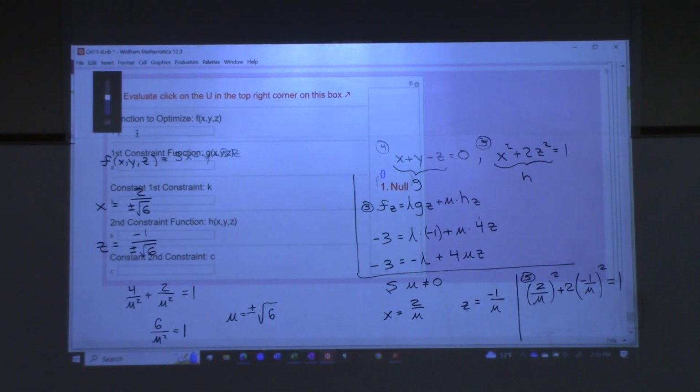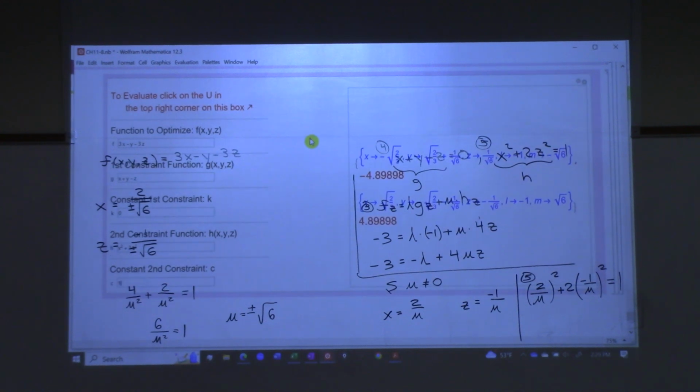It's 3x minus y minus 3z. And then the first constraint, x plus y equals 0, and then x squared equals 1. And then hope for the best here.